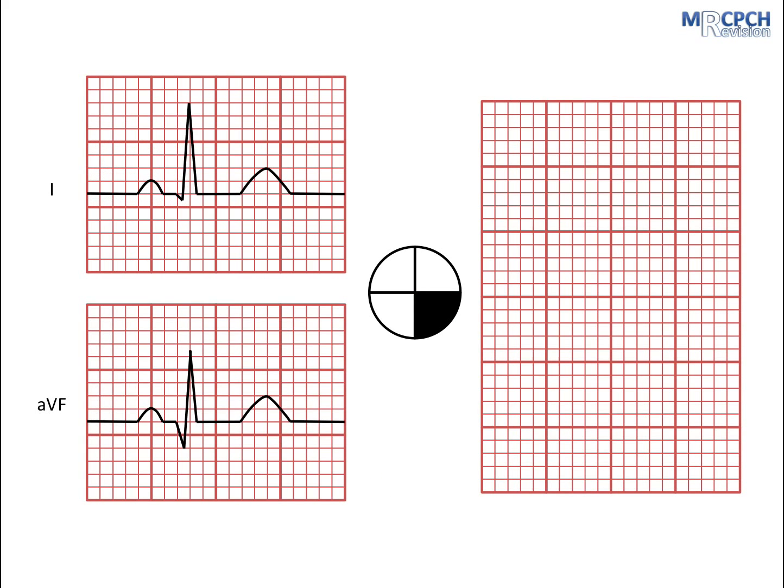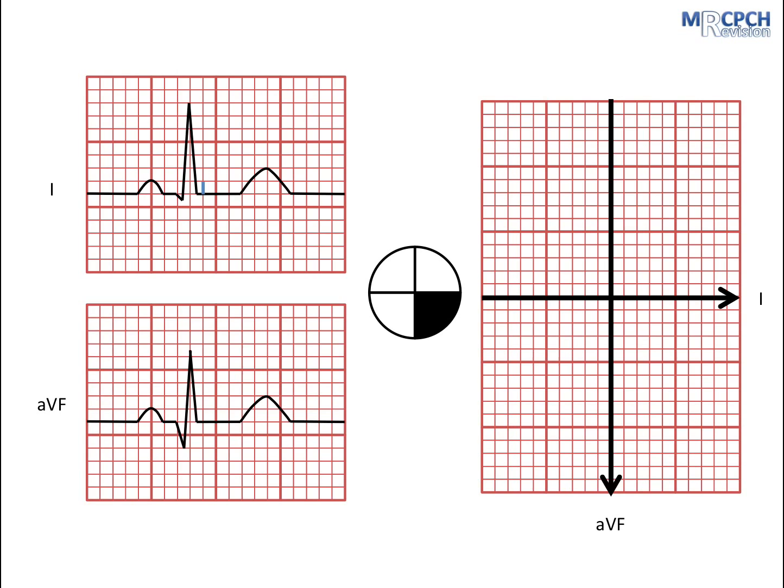So to work it out precisely, we need to take a blank section of our ECG paper and draw a graph representing lead 1 and lead AVF. We already know from our approximation that the axis is somewhere between 0 degrees and plus 90 degrees. So to work it out precisely, we need to work out the net deflection of our QRS complexes. So let's do that for lead 1. To do that, we need to work out the distance above the isoelectric line.